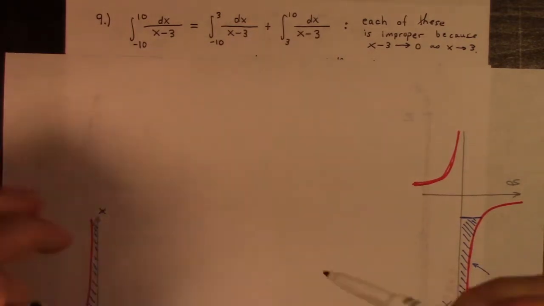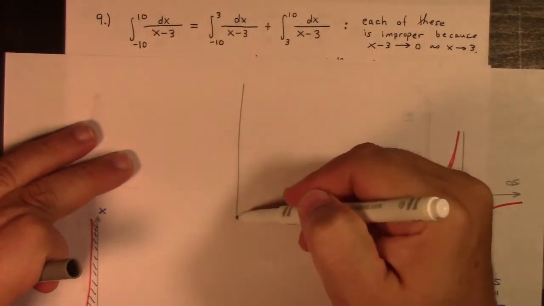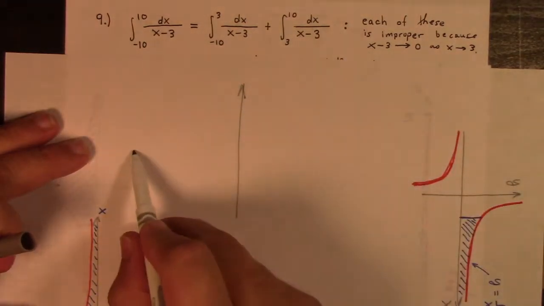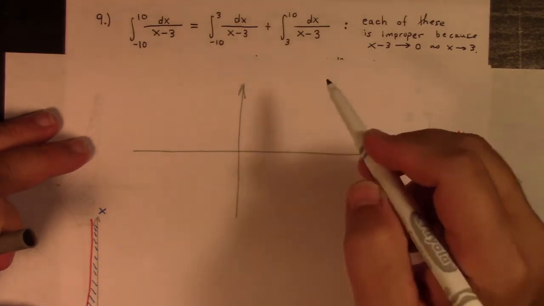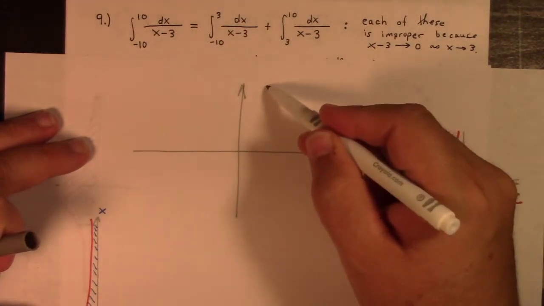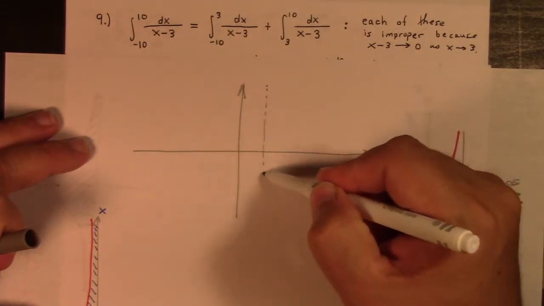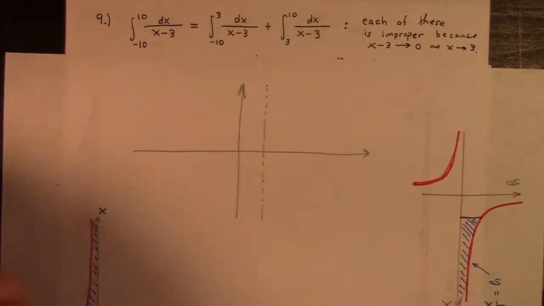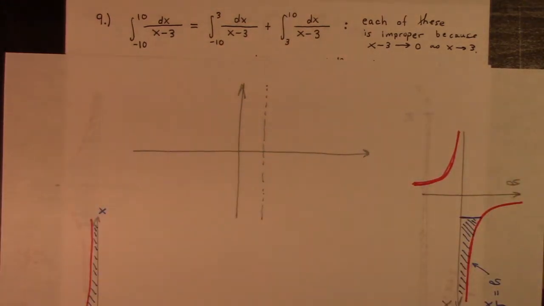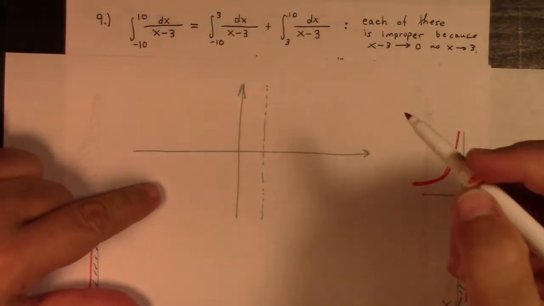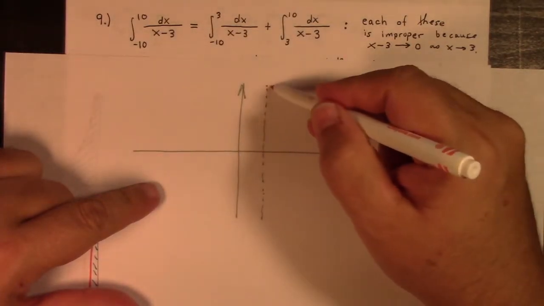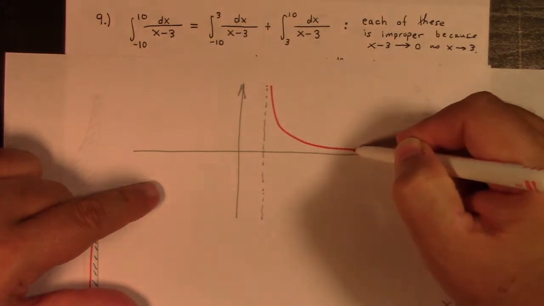So at x equals 3, this function's got some bad behavior, doesn't it? It diverges to both plus and minus infinity, depending on which side of the graph we're on, right? So y equals 1 over x minus 3 looks like this over here.